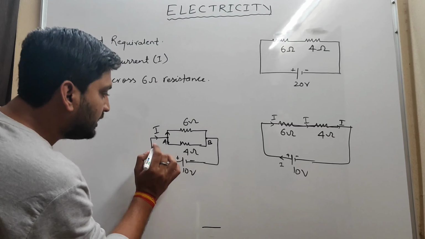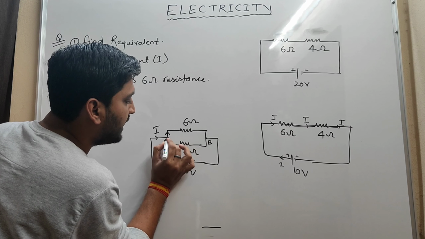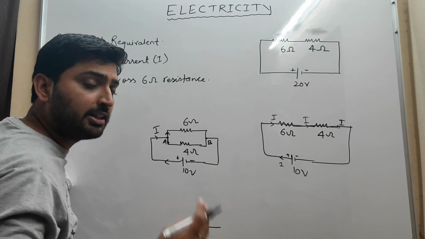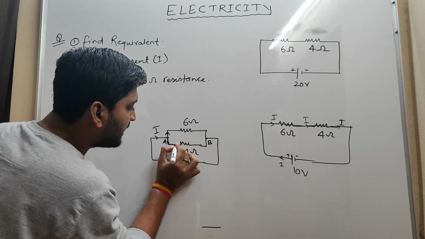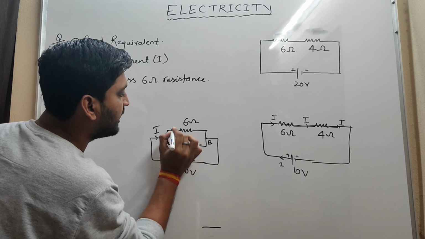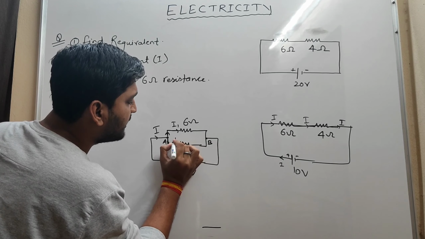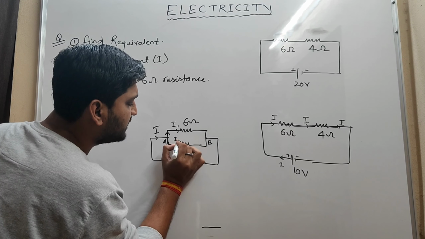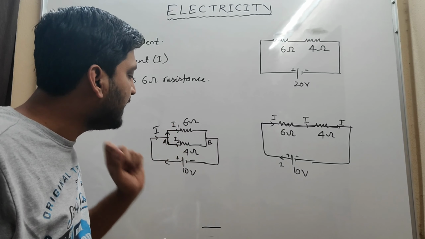So it will divide into two parts because as the current reaches this point, it has two different paths to travel. Some current will flow through this path and some through this path. Suppose the current flowing through the 6 ohm resistance is I1 and through the 4 ohm resistance is I2. So I is divided into two parts, I1 and I2.